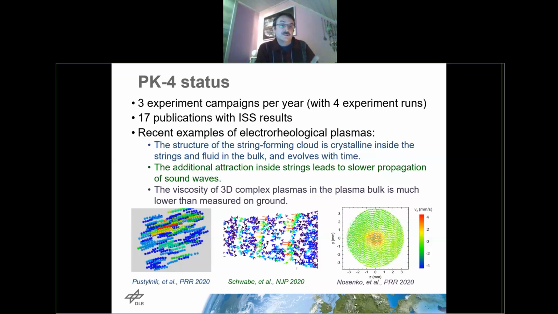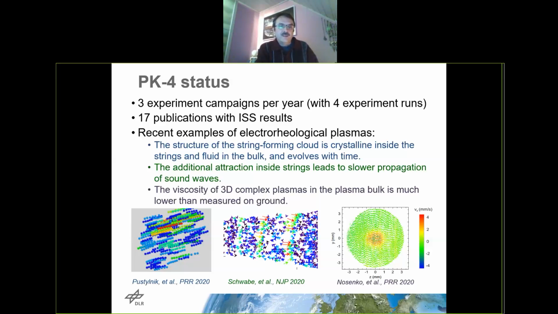The first one was looking for the formation of the strings along the electric field direction. And what we saw was a clear crystalline structure along the lines, along the strings. And if you look from one string to the other, the relation was more in the fluid structure.